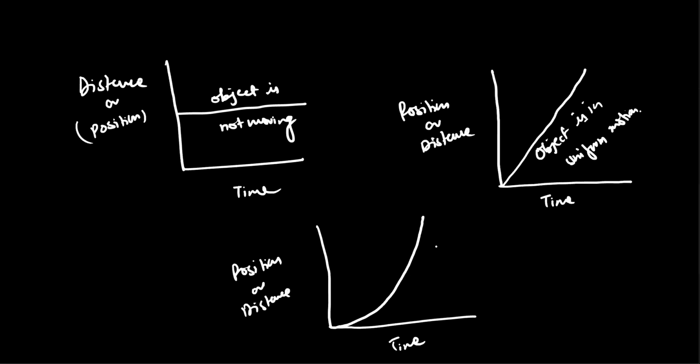When the graph is curved, then the object is showing non-uniform motion. Wrote it down.